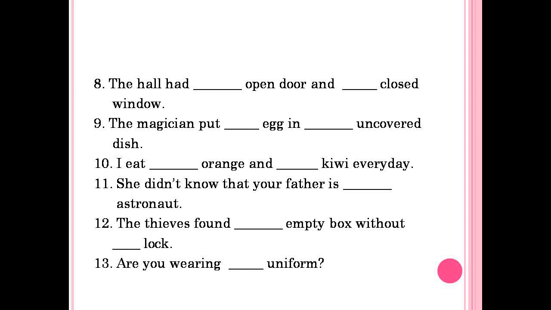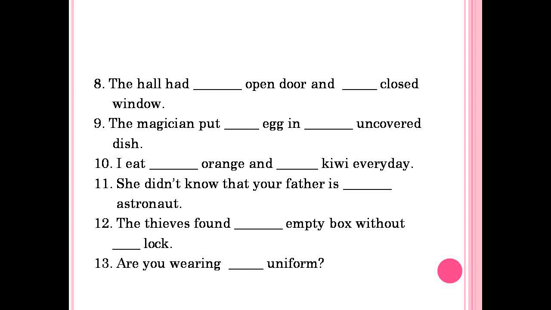Number 9. The magician put dash egg in dash uncovered dish. Egg, E is a vowel sound. Second word, uncovered, U again is a vowel sound. So the magician put an egg in an uncovered dish.